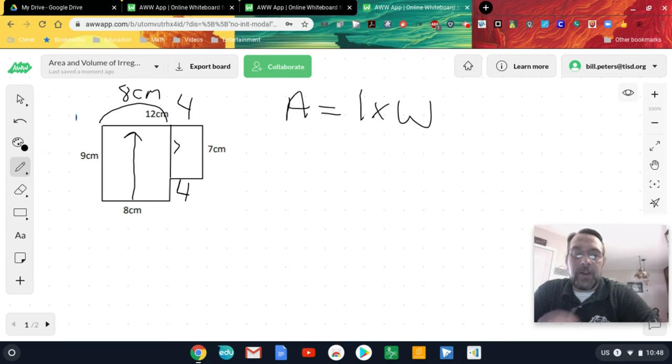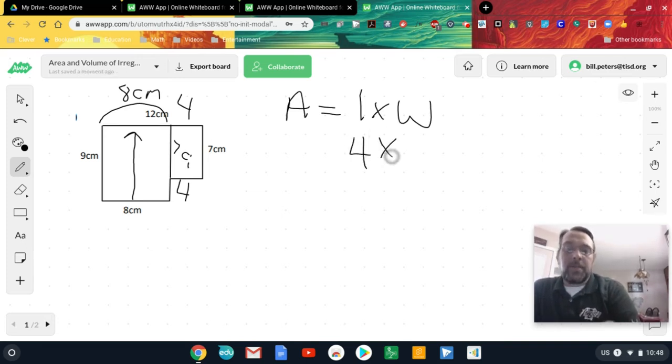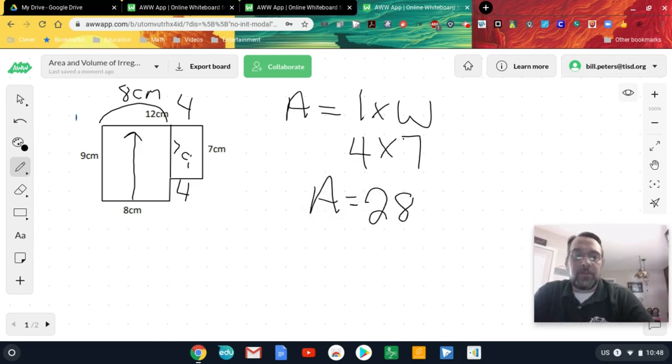Now I can do the area of shape A. 4 times 7 is 28. 28 square units for shape A. Now for shape B, I don't need to label anything because I already have it labeled here and here.